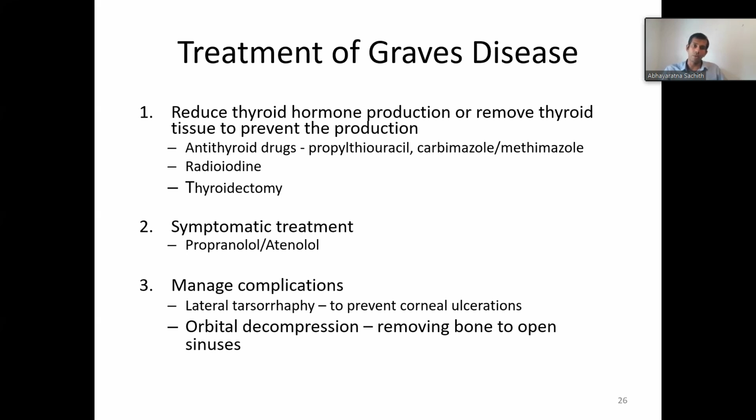You can use a beta blocker, a non-selective one like propranolol. Patients, especially with eye complications, could have sight-threatening problems. To prevent corneal ulceration, if the eyes are very prominent, you have to do lateral tarsorrhaphy, that's suturing of the two eyelids in the corners. And then orbital decompression is needed if there is compression of the optic nerve.